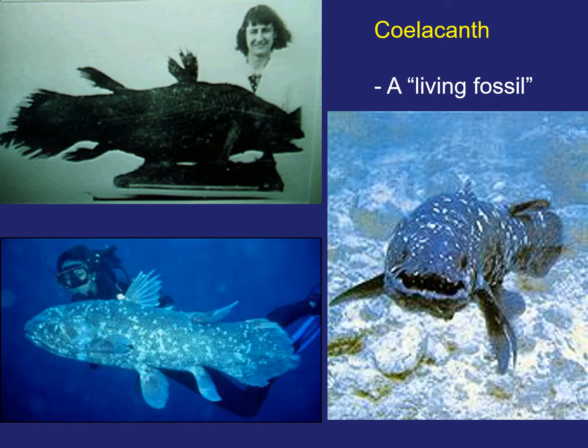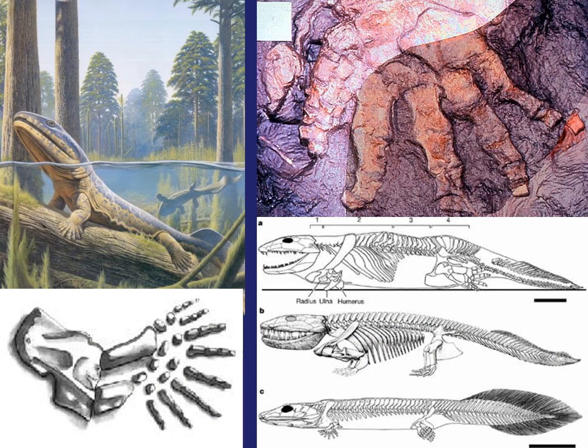These things are still around, and their anatomy suggests that they are remnants of the missing link between fish and the first amphibians. The first amphibians are interesting in that they had more digits, more fingers and toes, than we see in vertebrates today.